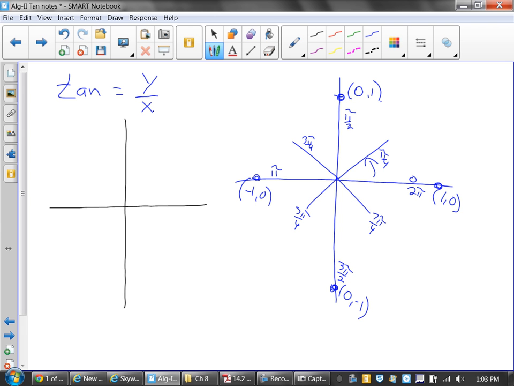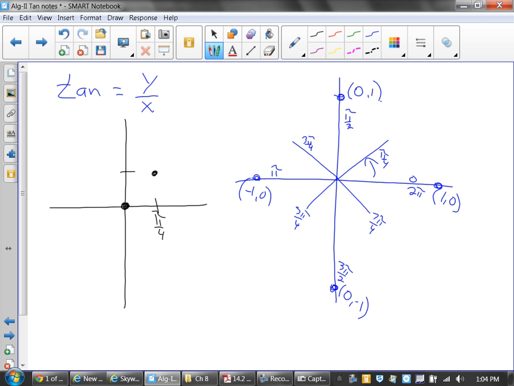When I start at 0, what's the tangent of 0? What's y over x at 0? It's 0. Y over x when you're at 0 is 0 divided by 1. You get 0. At pi over 4, what's tangent always equal to? 1.